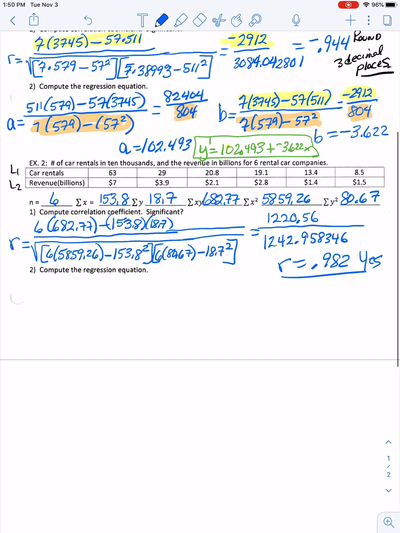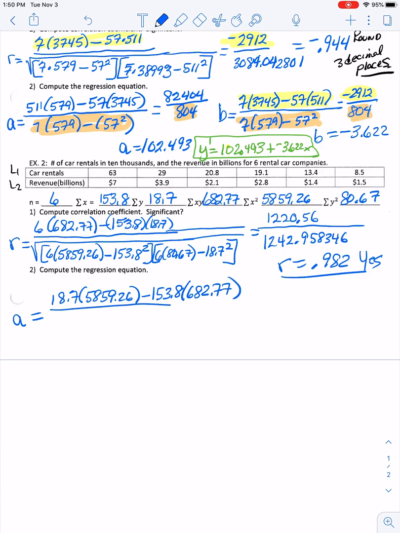All right, next up, A. We're going to start with 18.7 multiplied by 5859.26 minus 153.8 times 682.77. I know I'm going kind of quick, so you may want to do a little of this and then play the video and so forth.